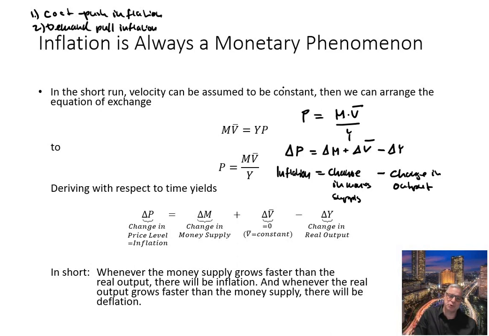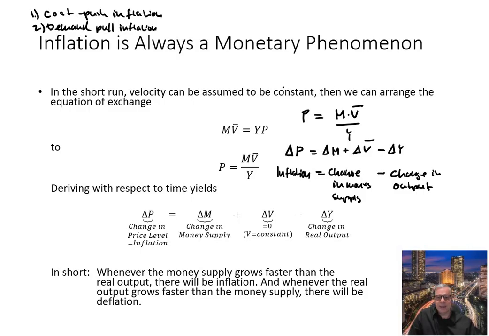So inflation is always a monetary phenomenon can be best understood if we say, well, whenever there is inflation, no matter what it is, cost push or demand pull, if we reduce again the money supply, we will rein in inflation.